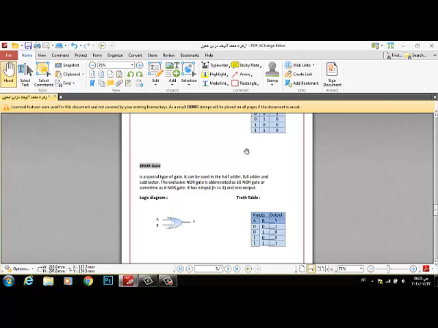Then we get the special gate. Xnor gate is a special type of gate. It can be used in the half adder and full adder. It has n inputs, n greater or equal to 2, and one output. The symbol of the Xnor gate has 2 inputs and 1 output.